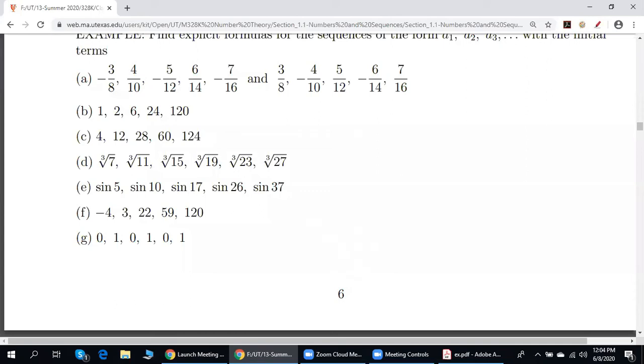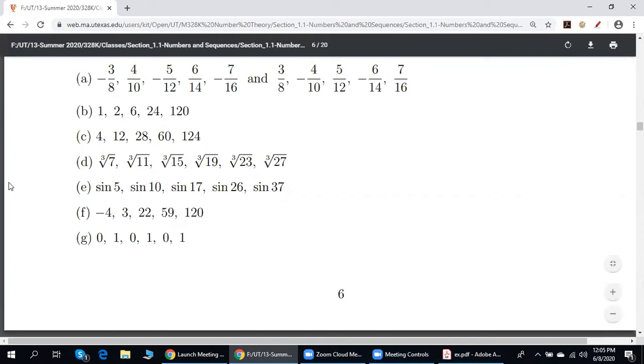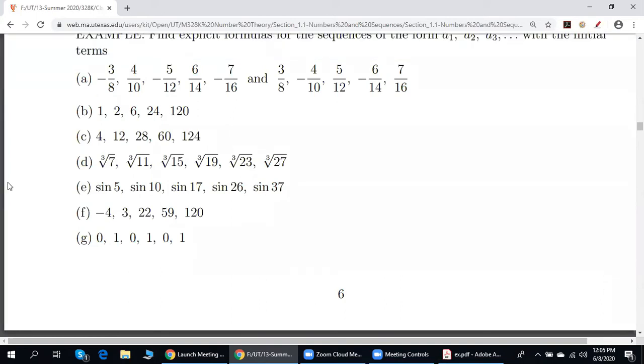Absolutely. So the inside would be 4 times n plus, in order to get that first term, plus 3. So the entire thing would just be the third root of 4n plus 3. Absolutely. It's exactly how we do it.